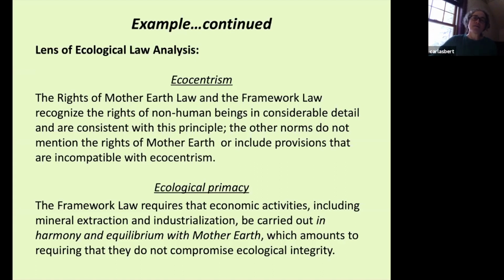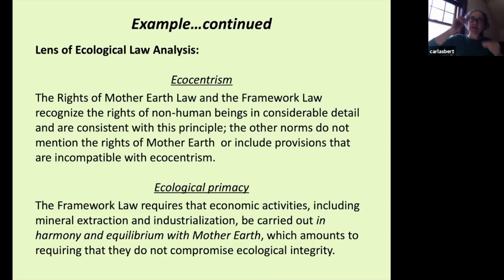The framework law is focused on this reconciliation, but it also provides an example of ecological law, in that it subjects economic activities, including mineral extraction, to a principle or standard of having to be in harmony and equilibrium with Mother Earth.